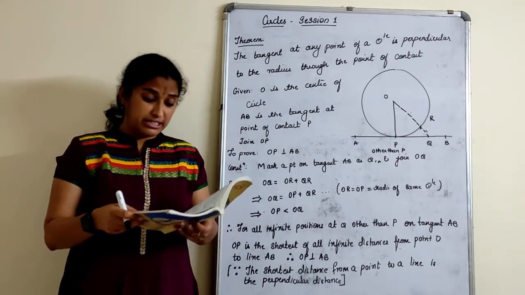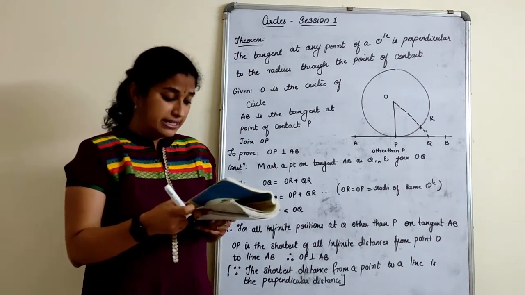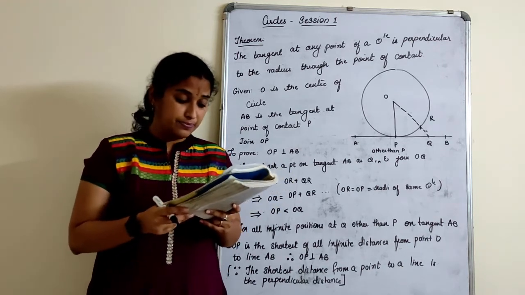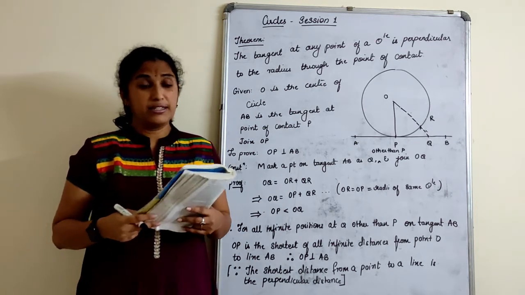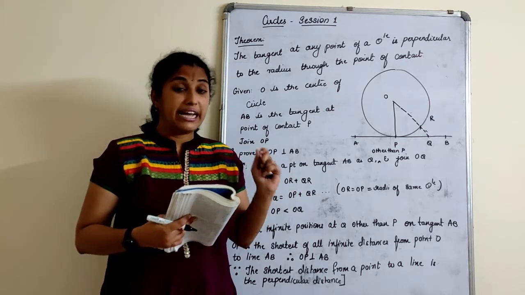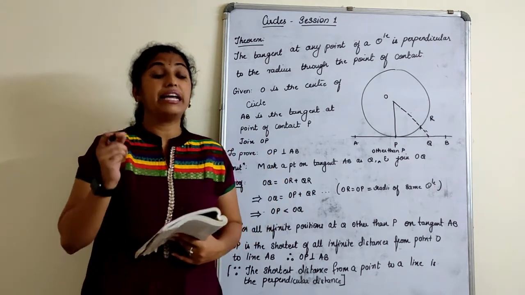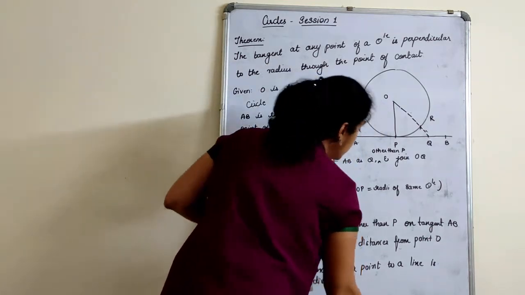Quickly we'll finish the exercise. It's a very small exercise where we have fill in the blanks and just two sums to be done. How many tangents can a circle have? Yes, how many can it have? 1, 2, 3, 4, 5. A circle can have infinite tangents. Provided how many circles you have, children?